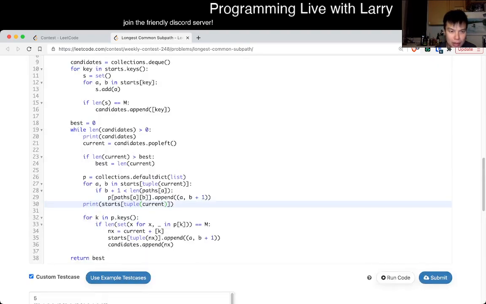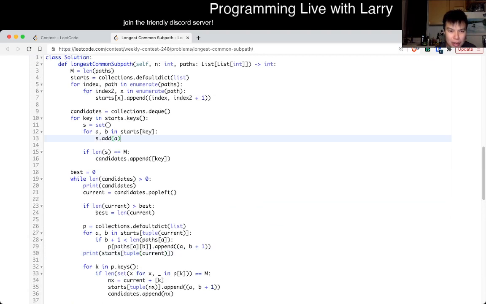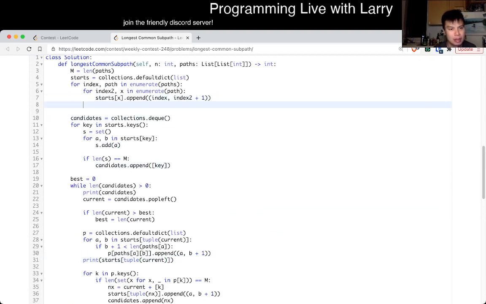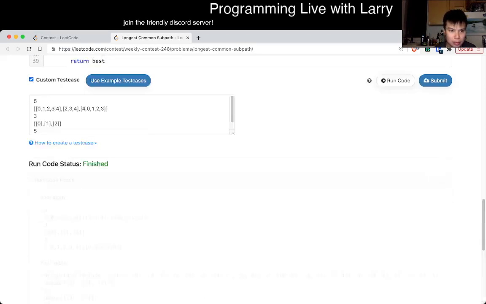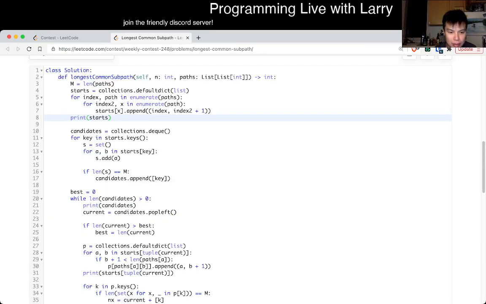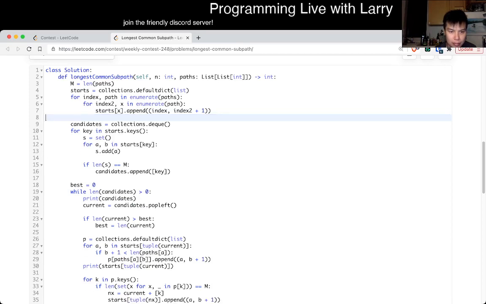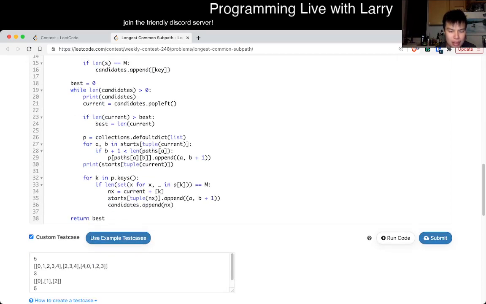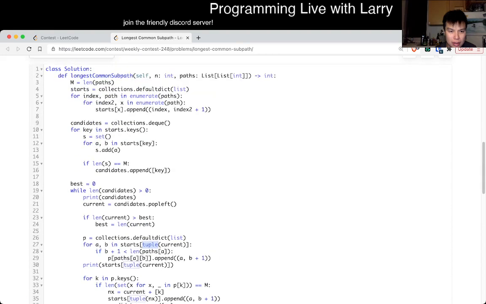Okay, so I didn't process this correctly. Okay, so there's some stuff here. Oh, because X is not a tuple.